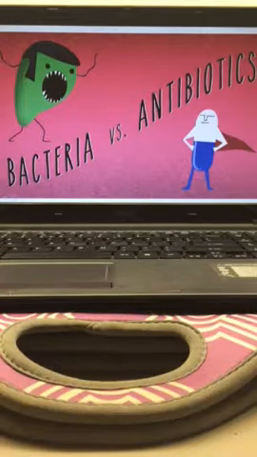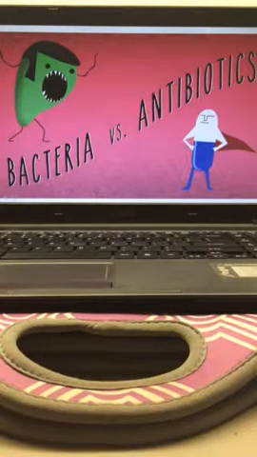There are four common mutations. The first one is that enzymes in the bacteria can eat and deactivate the antibiotic. Antibiotics can be ejected from the bacteria.